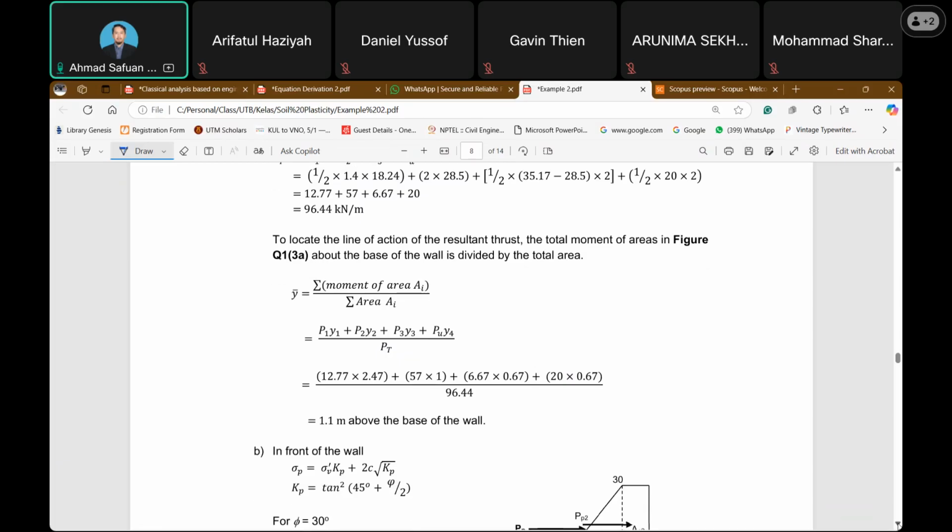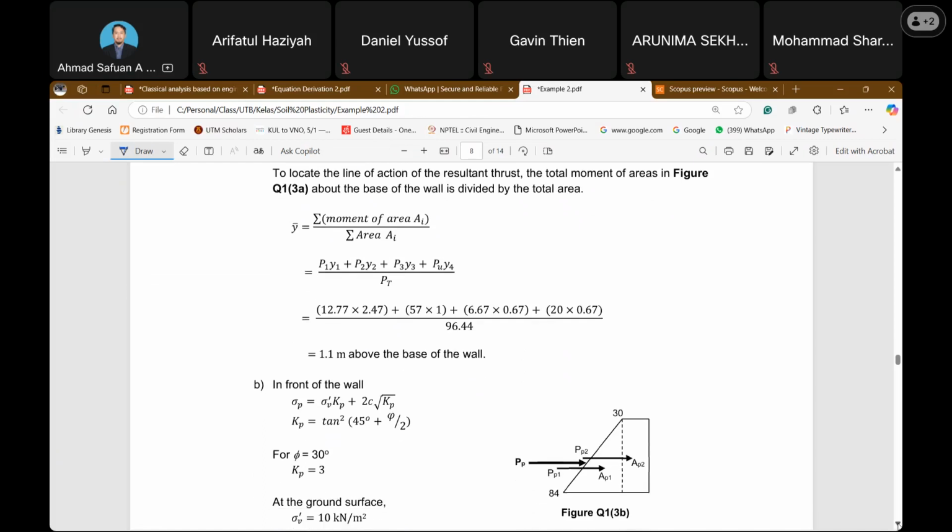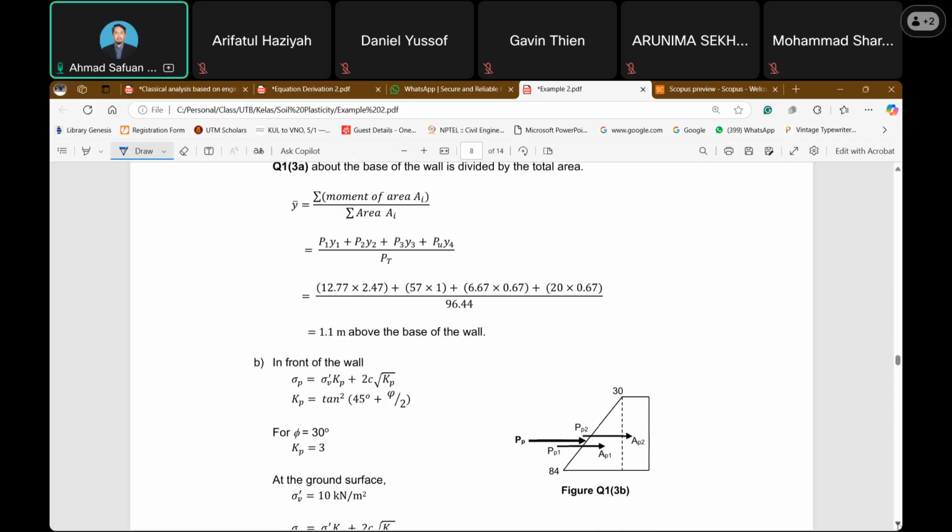Then for B, for the passive part, the equation is the effective horizontal pressure at passive state is equal to sigma V Kp plus 2c square root Kp.